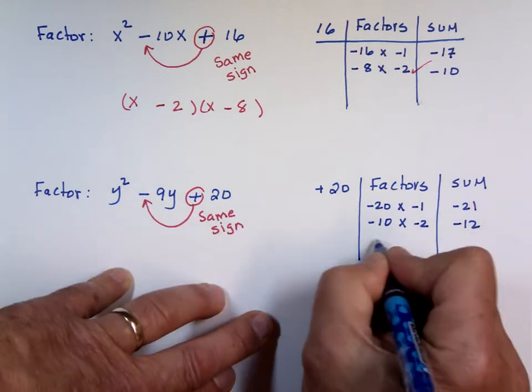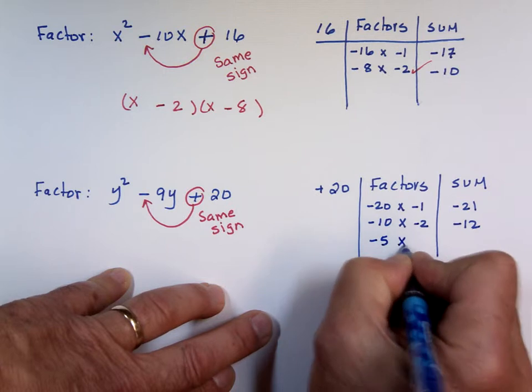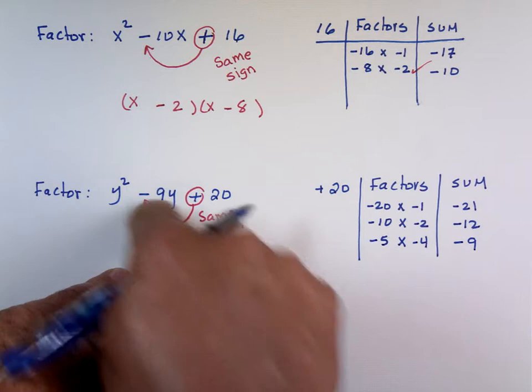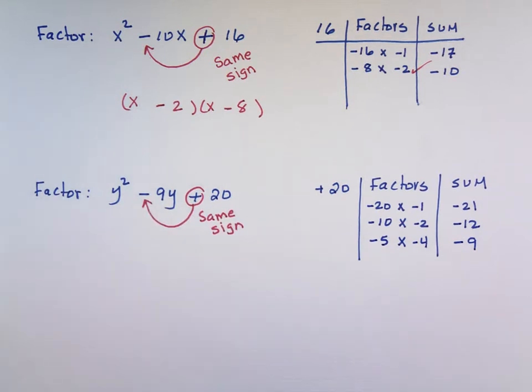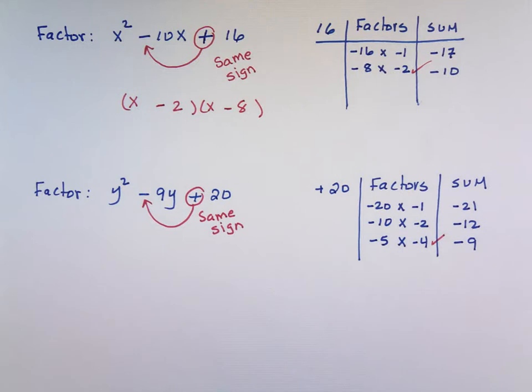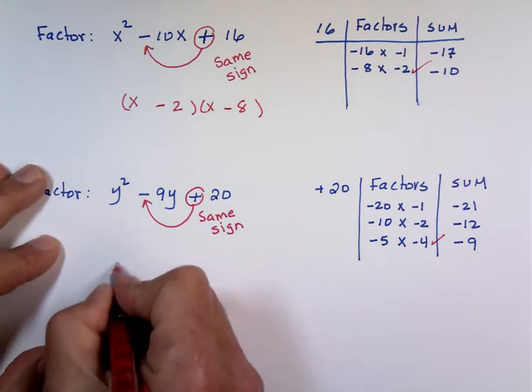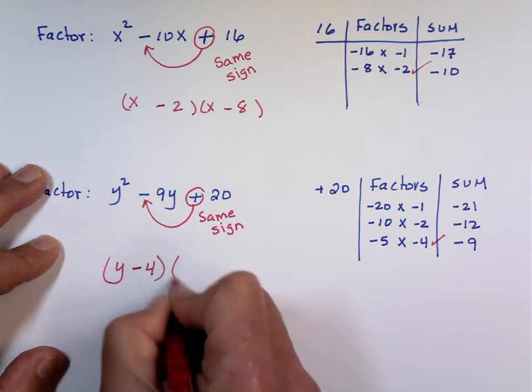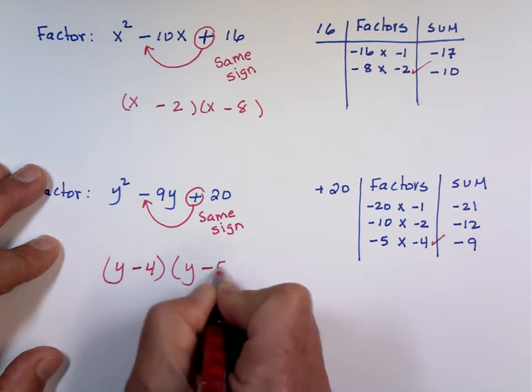Could be negative 5 times a negative 4. When you add them, that's a negative 9. Perfect. So there's my two factors. So now when I factor that, that's y minus 4, y minus 5.